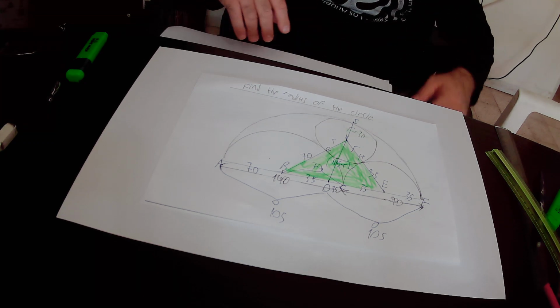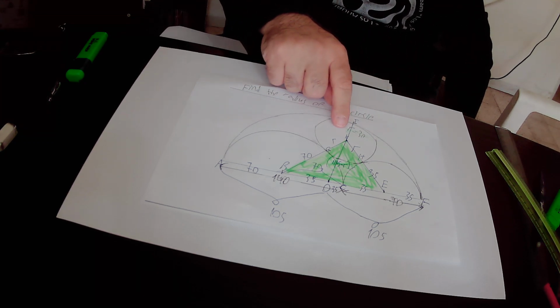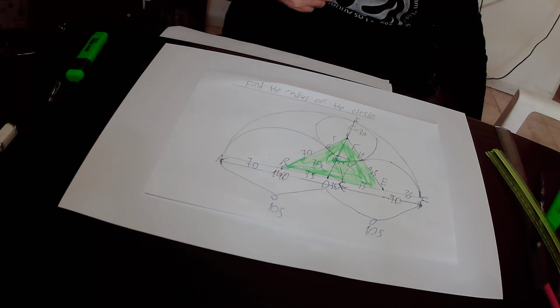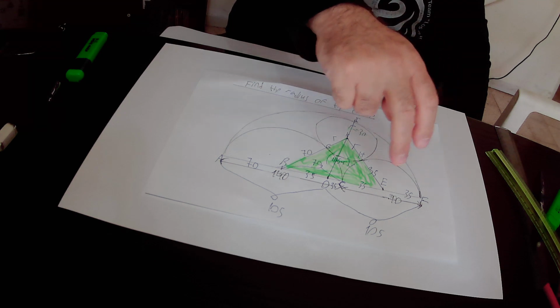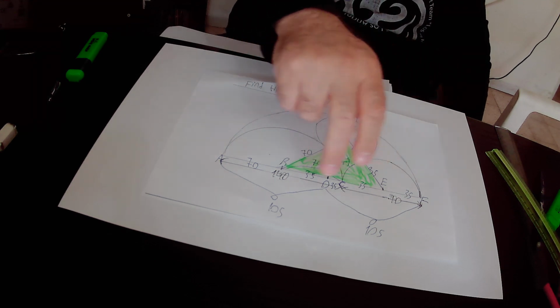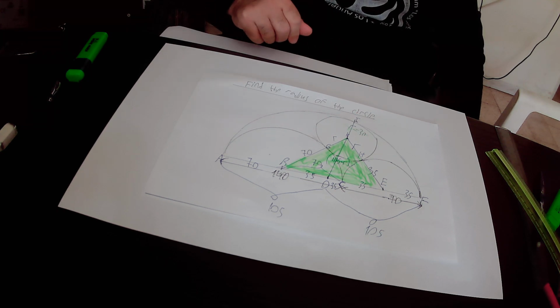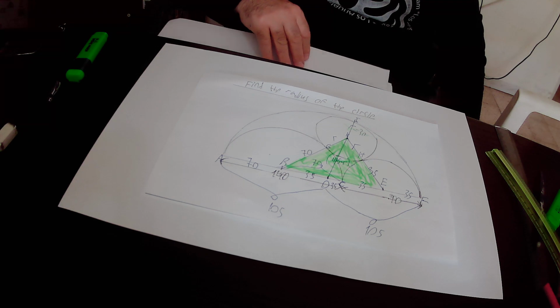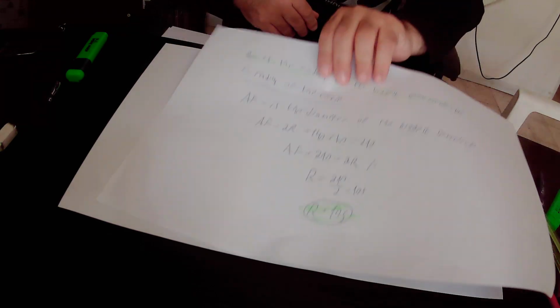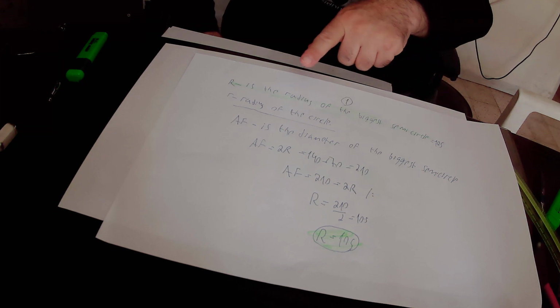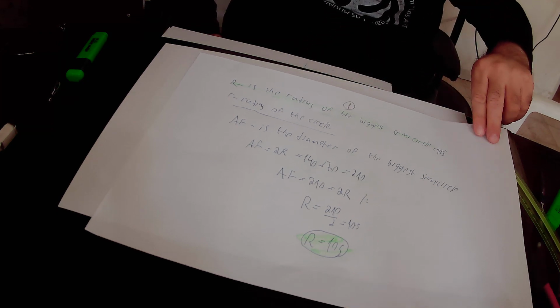And our mission is to find out the radius of this small circle. So we defined capital R. Capital R is the radius of the biggest semicircle, and small r is the radius of this circle. Again, capital R is the radius of the biggest semicircle, and small r is the radius of the circle.